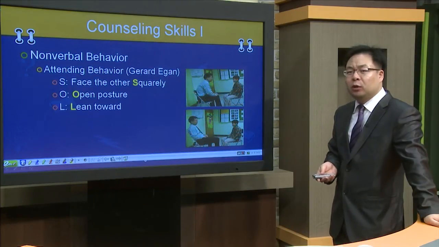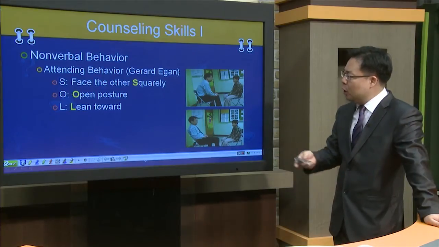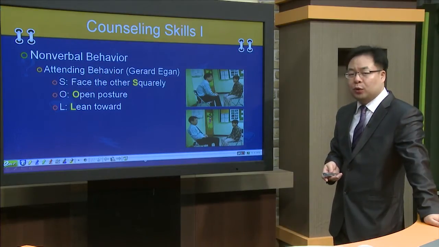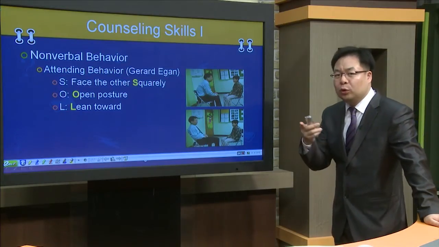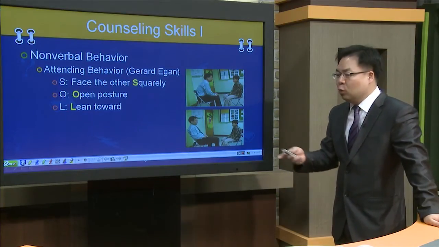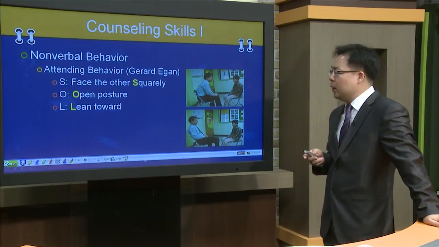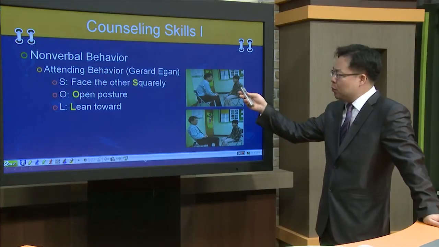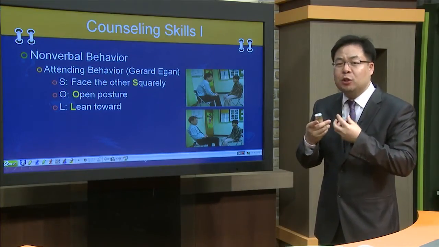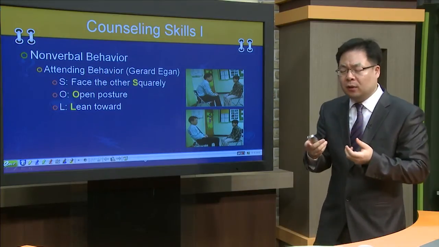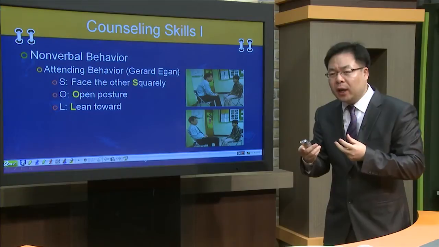The third one, lean toward. I try to contrast two different body postures. In the first one, I lean a little forward toward the client, but in the second one, I lean backward. If you look at the two pictures, the first one shows that the counselor is showing interest: I'd like to listen, I'm very interested in listening to what you are saying.